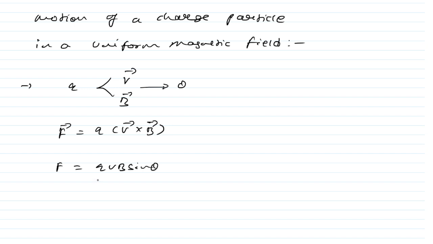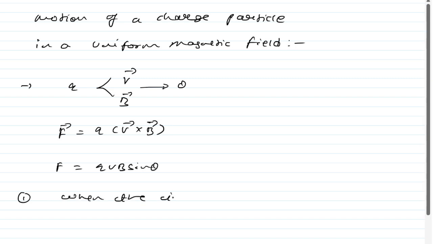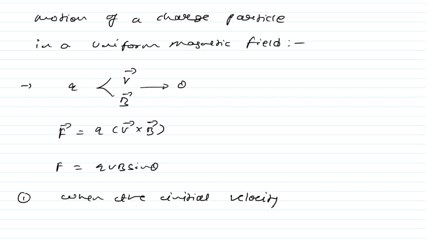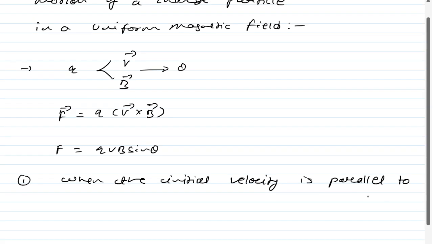So the first case is when the initial velocity is parallel to the magnetic field.